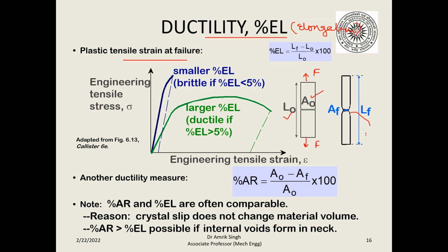This phenomenon is known as necking, so there is a decrease of area. AF is the final area and LF is the final length, which is greater than L0. So if we take the percentage of this, that will give us the percentage elongation.